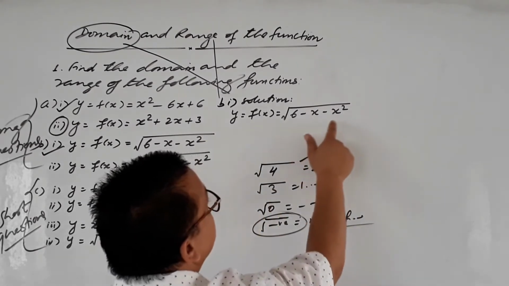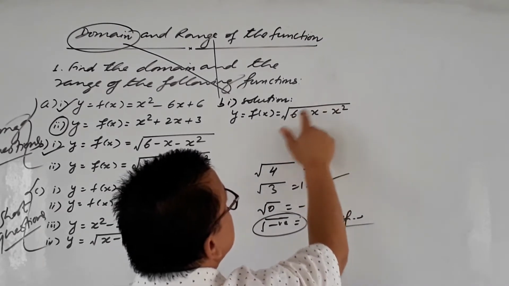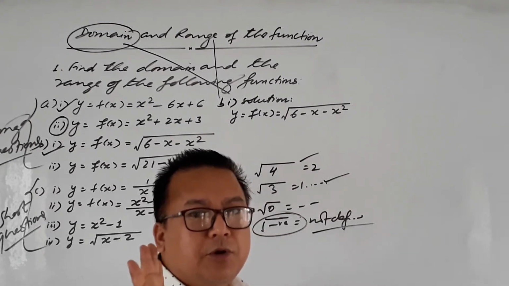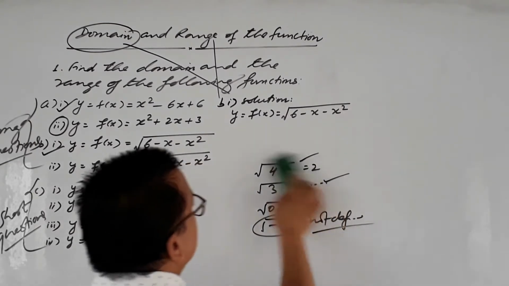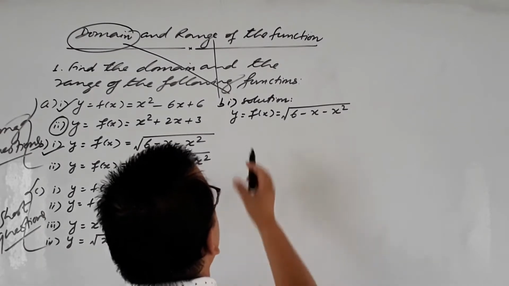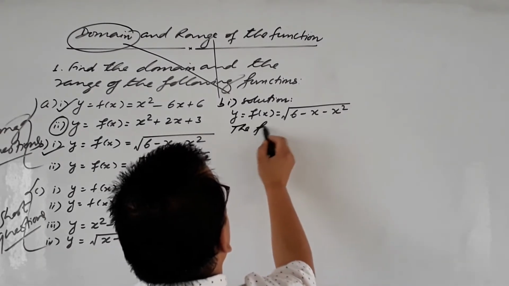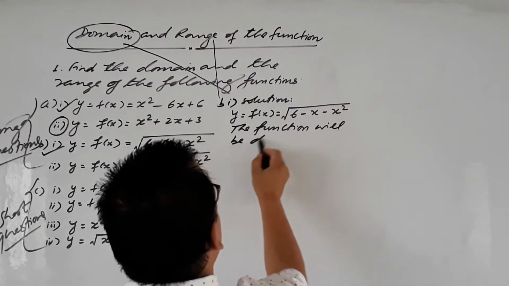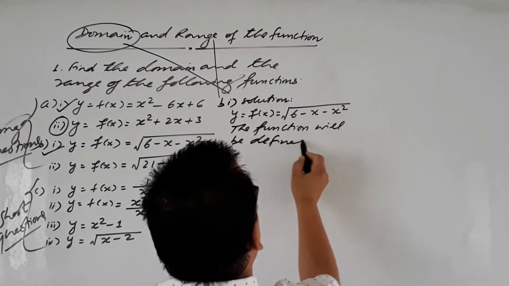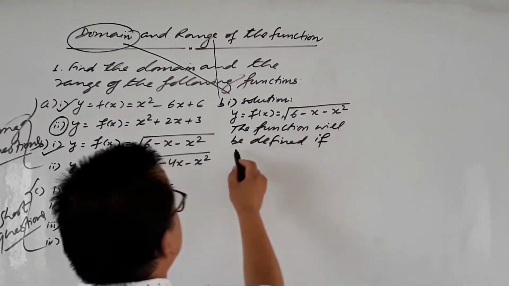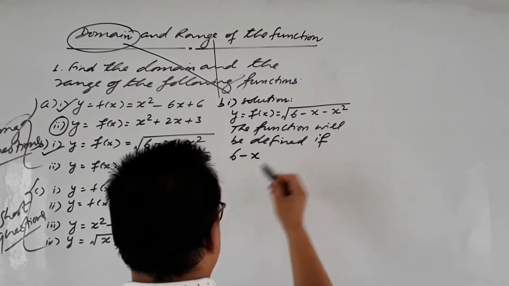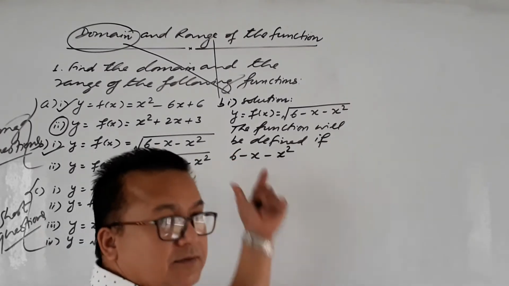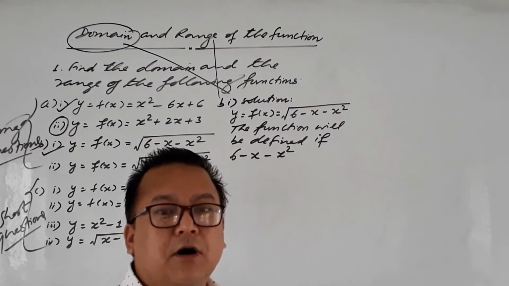This function will be defined if we have this integrand greater than or equal to 0. Then only the function will be defined if 6 minus x minus x squared, this integrand, we need greater than or equal to 0.